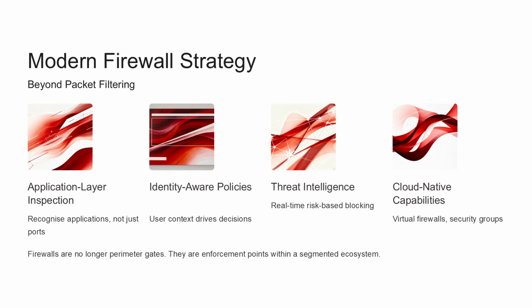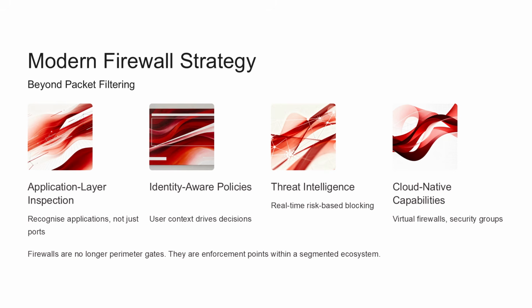In cloud environments, firewall strategy may extend into virtual network firewalls, security groups, network access control lists, web application firewalls. The objective is not to deploy more firewalls. The objective is to enforce consistent policy across environments.